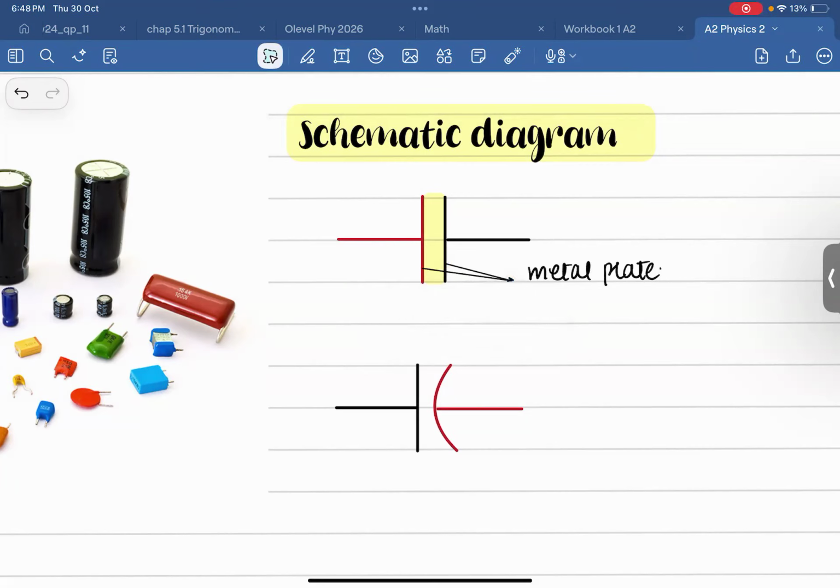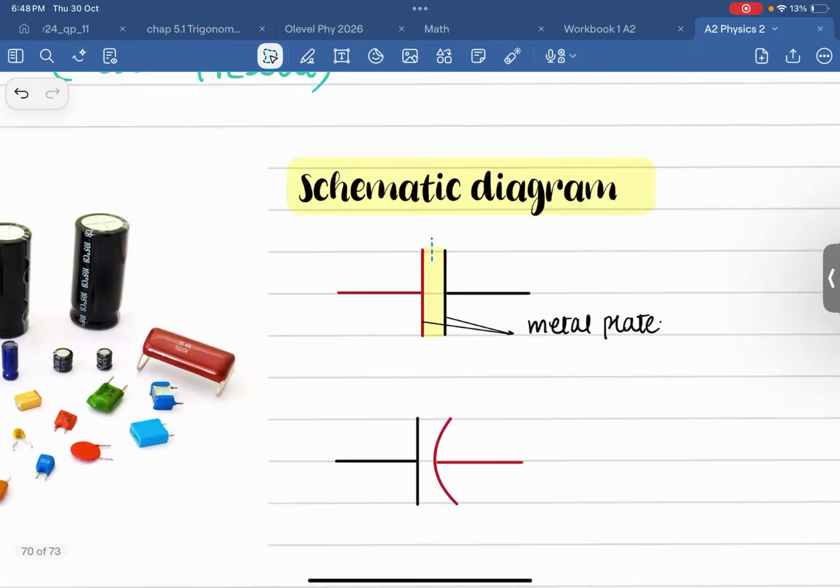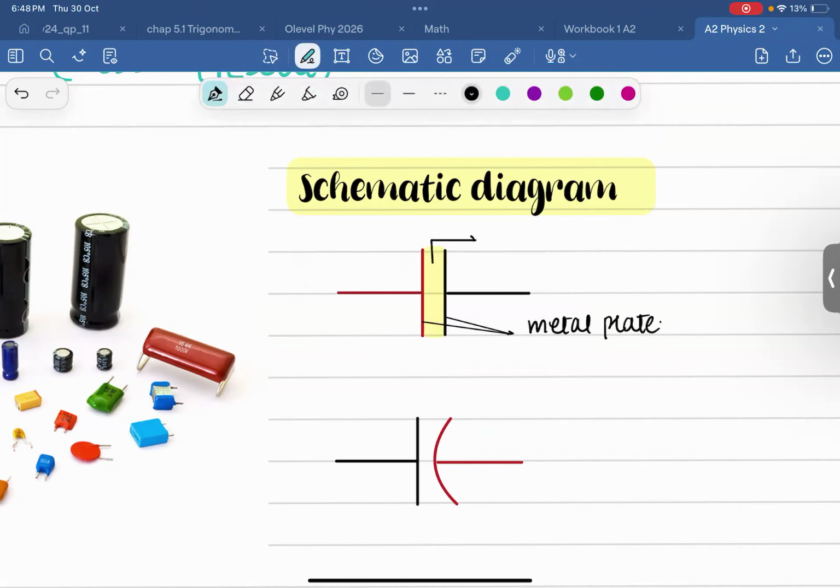The second thing is that this is the medium in between the plates. By the way, the plates are not connected by anything, there is just the medium. And these are the legs, these are the terminals.